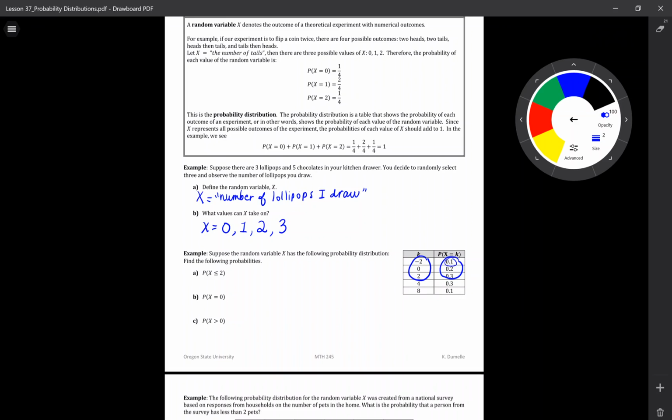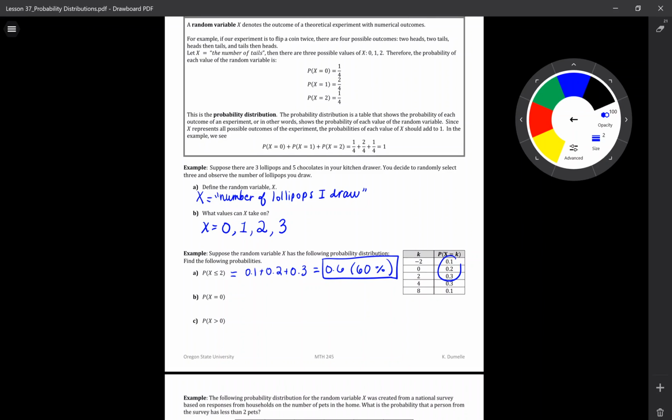The probability of getting 0 is 0.2. And the probability of getting 2 is 30%. So if I add this up, the probability that x is less than or equal to 2 is 0.1 plus 0.2 plus 0.3, which is 0.6 or 60%. So for this particular distribution, the probability that x is less than or equal to 2 is 60%.